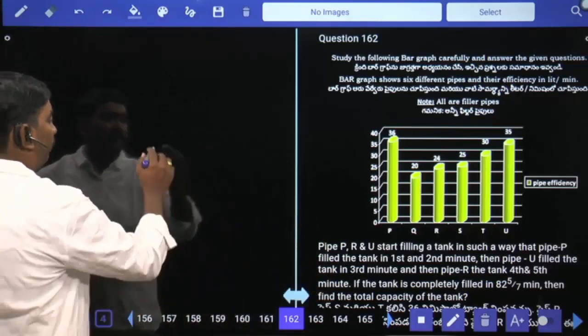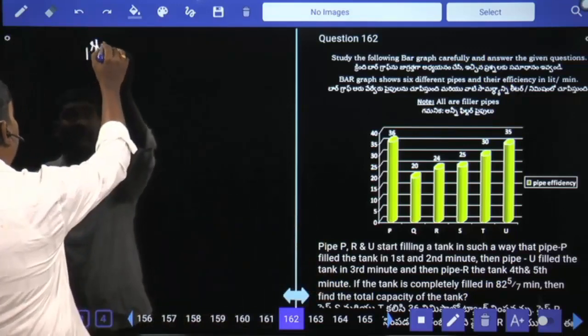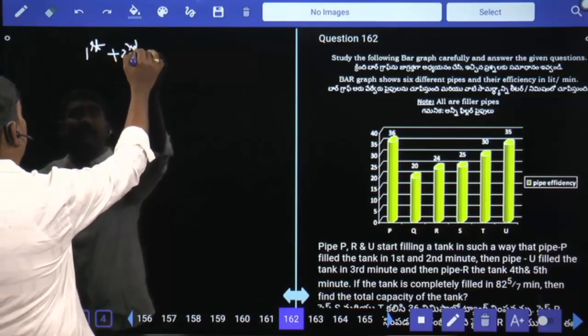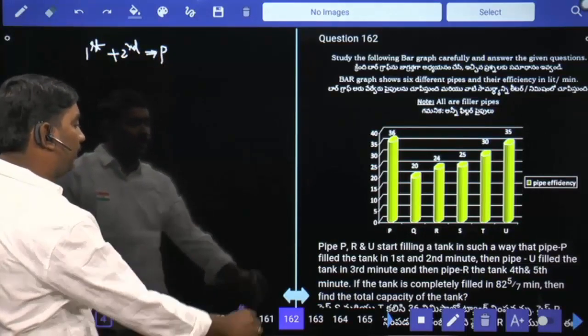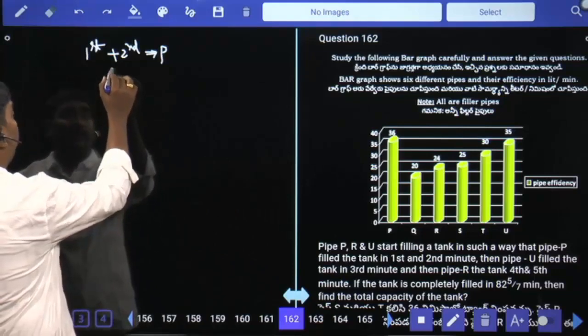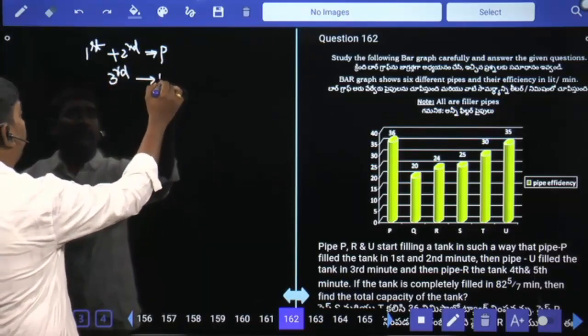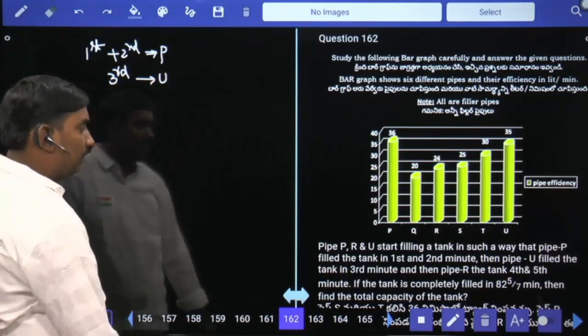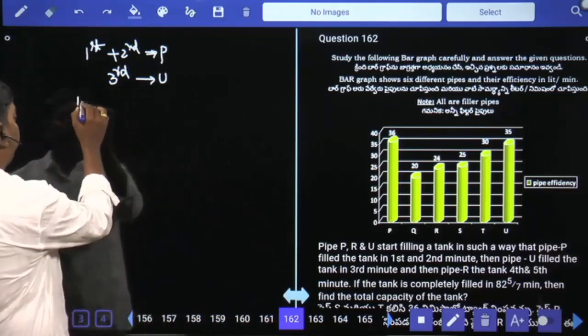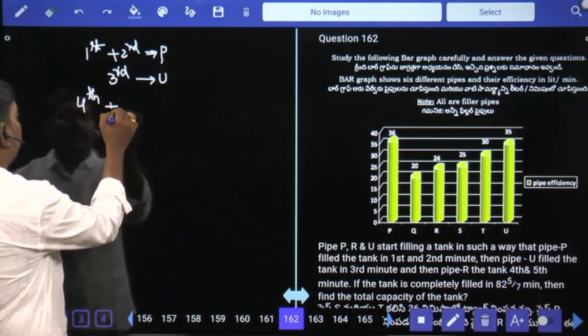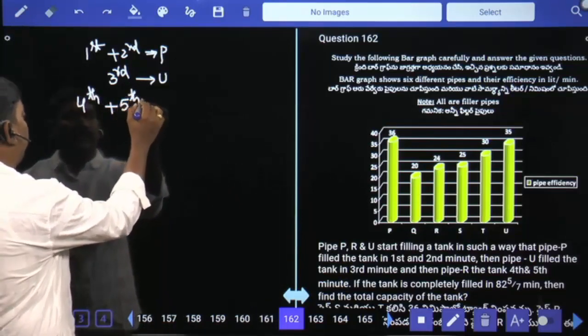So in the first and second minute, P is going to fill the tank. In the third minute, U fills the tank. And in the fourth and fifth minute, pipe R is going to fill the tank.